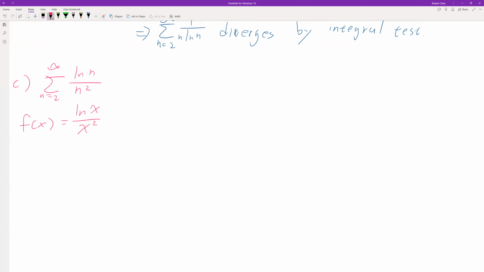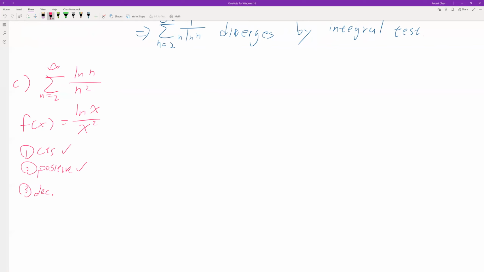Again, the three things: continuous, positive, and decreasing. So is it continuous? We're looking at 2 and up, so that's fine. Positive, yeah, they are both positive.